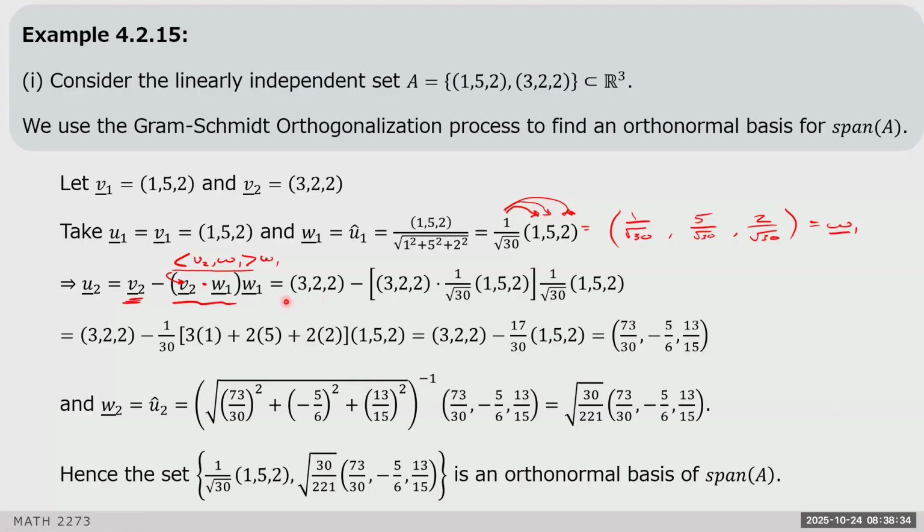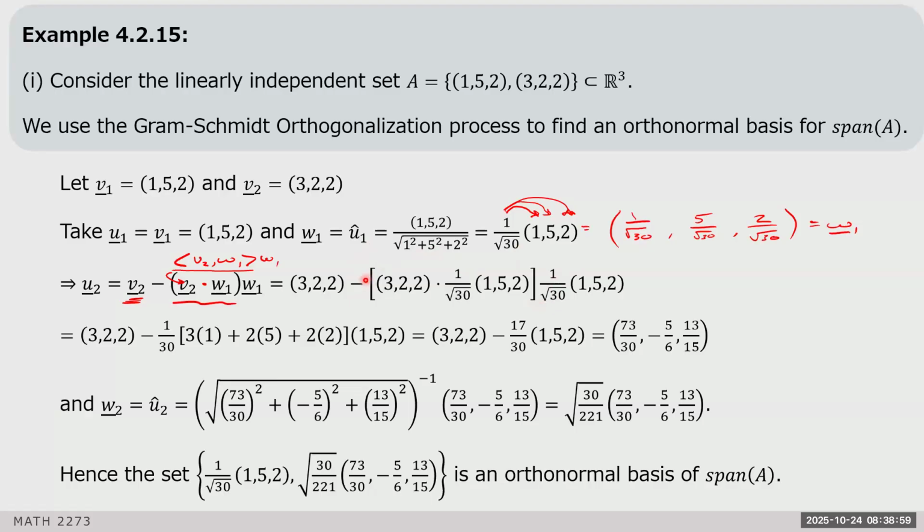So this is V2 minus V2 dotted with the vector W1, multiplied by the vector W1. Remember that the scalar here and the scalar here, we can move out to the front. I move 1 over root 30 out to the front, and this other 1 over root 30 I also move out to the front.